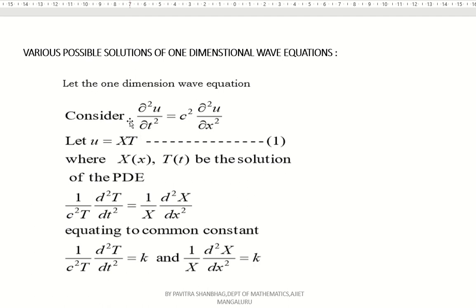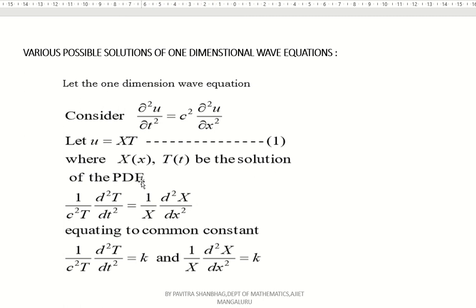With respect to t, X is constant, keep it out; only T remains. With respect to x, T is constant, take it out; then the remaining is capital X. Now, after taking this, the partial derivative becomes an ordinary derivative. That is, X outside, d²T/dt² equal to c² T into d²X/dx².